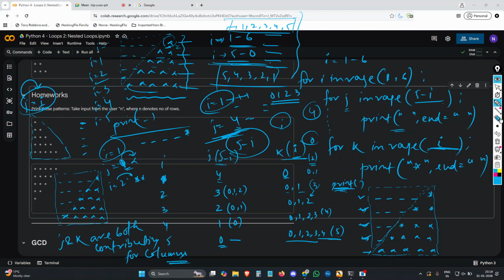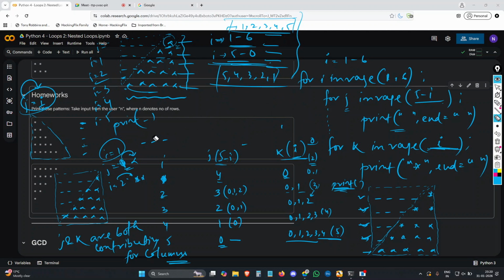The most important part here will be this chart that I made. This chart is the dry run for most of the pattern problems, especially for this kind of reverse pattern that we are doing.